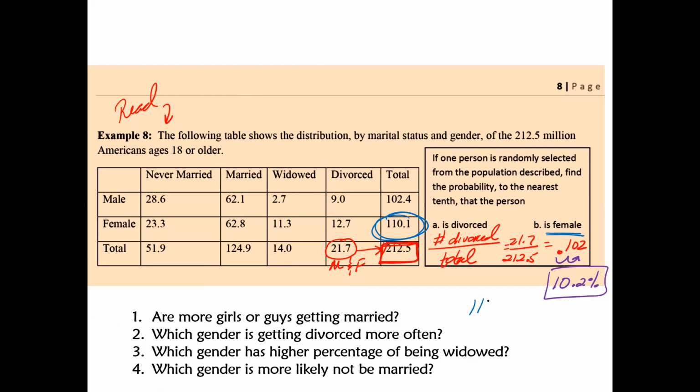That's going to be 110.1 divided by the total number of people that was surveyed, and that would be 212.5. If I divide that, I am going to get 0.518. You're going to convert the decimal to a percentage, which is 2 decimal spaces to the right, which is 51.8%.